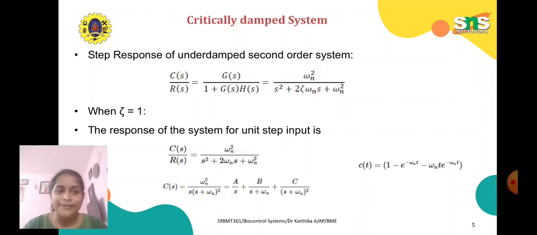Here C of t is 1 minus e power minus omega n t minus omega n t e power minus omega n t. C of s is equal to omega n square by s multiplied with s plus omega n the whole square, which is equal to a by s plus b by s plus omega n plus c by s plus omega n the whole square.